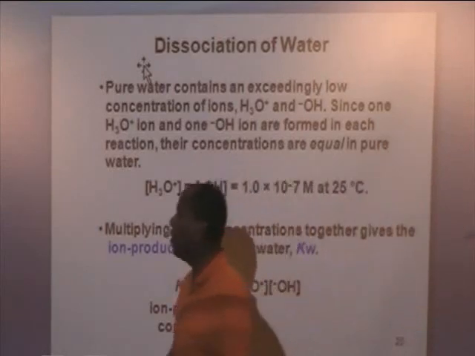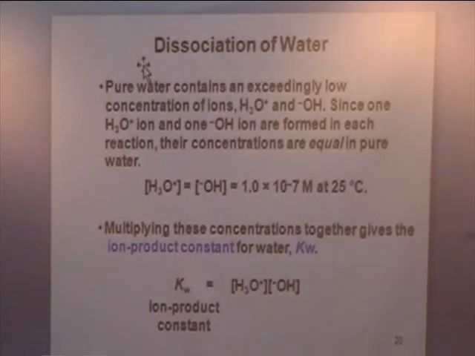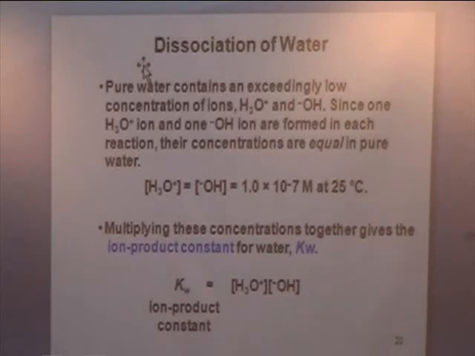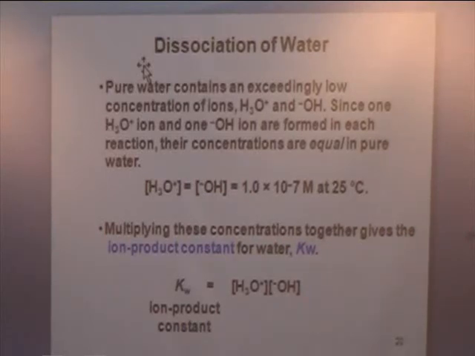Because when water is decomposed, H2O turns into H plus and OH minus, right? When it is broken down, H refers to acidic, OH refers to base. So if the concentration of H is more, it is acidic.